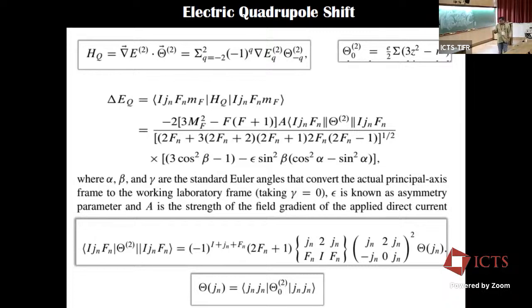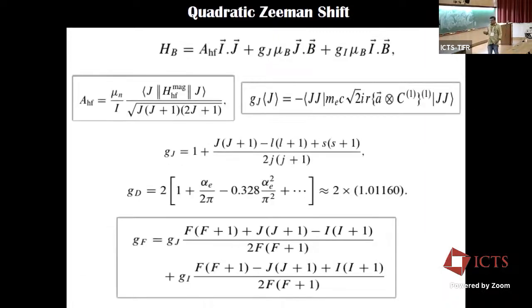Okay, so this is where the theoretician comes in and plays a role to help the experimentalist. The other kind of systematic effect is the quadratic Zeeman shift, because generally the first order Zeeman shift, the linear Zeeman shift, cancels out by selecting m equal to 0 levels.